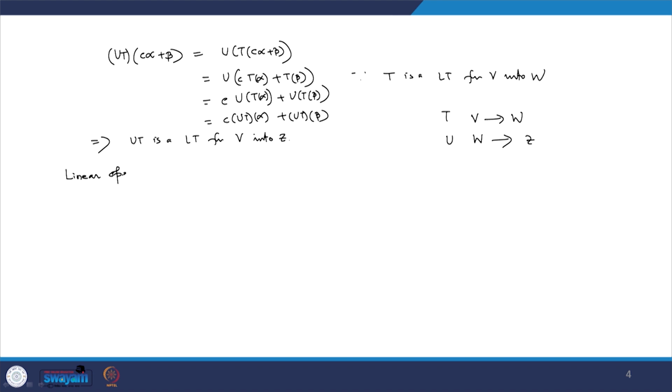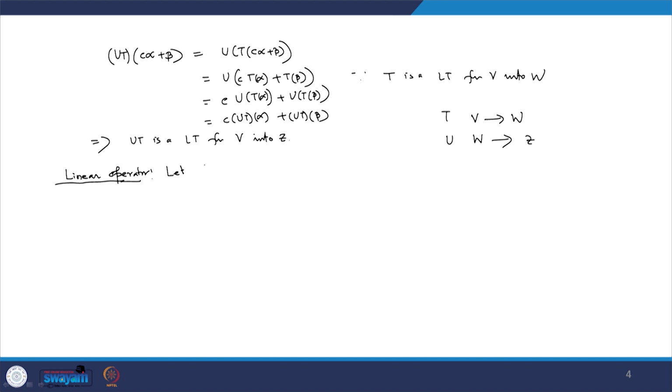Linear operator. What is a linear operator? When a linear transformation is defined from a vector space V into the same vector space, then it is a linear operator, please. Okay.